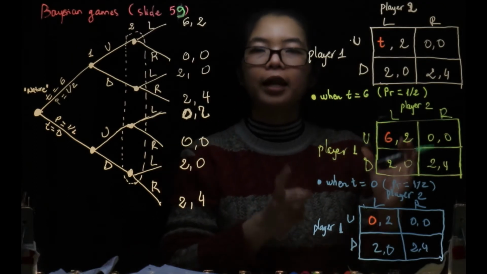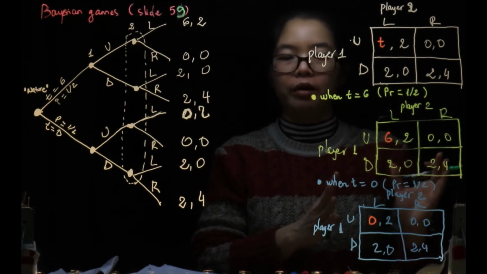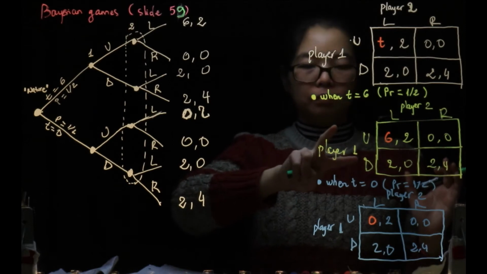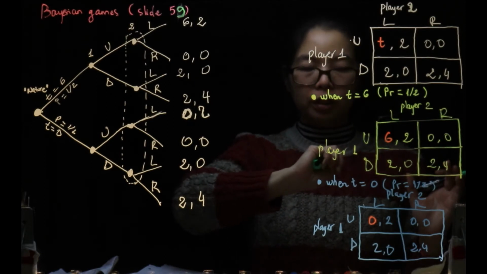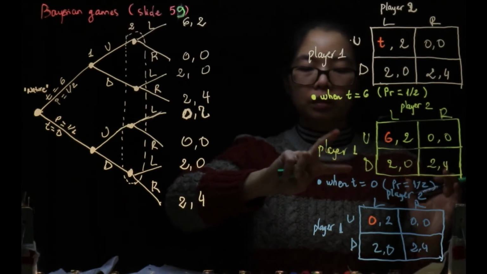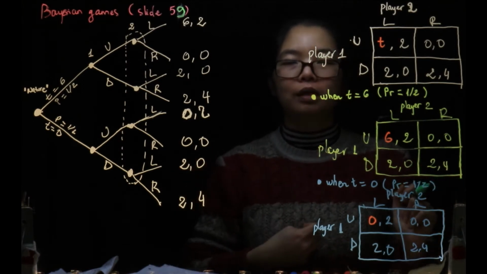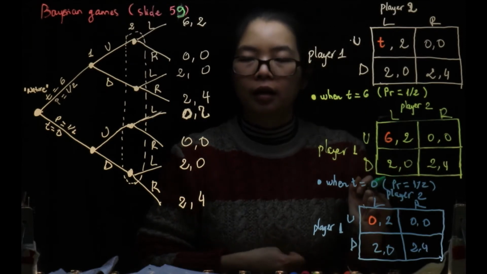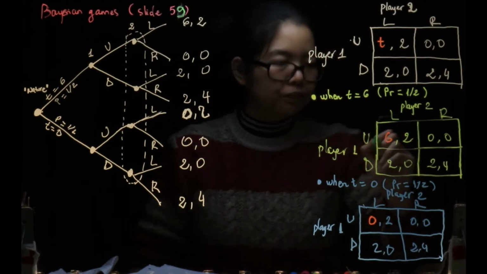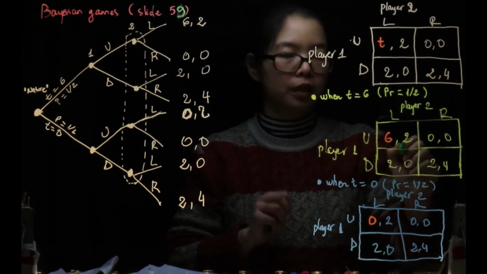But now for each and every game, or every type of player 1, we could first identify the Nash equilibrium of each of these two normal forms, and then use them to verify if they are Bayesian-Nash equilibria at the end.